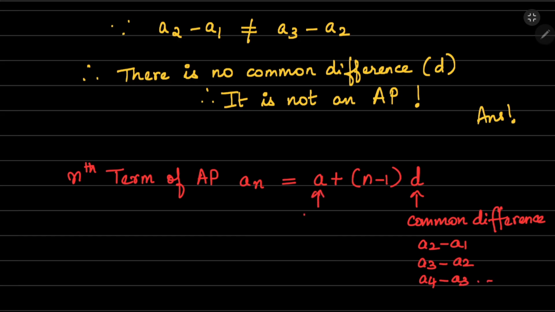What is a? a is nothing but the first term. And if you know your a and d, you can calculate any nth term of a given AP. So this is an important formula for your nth term of an arithmetic progression.